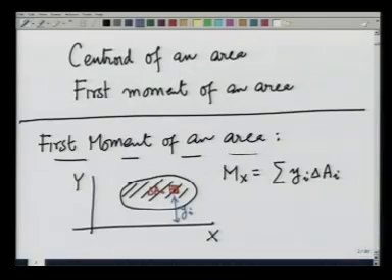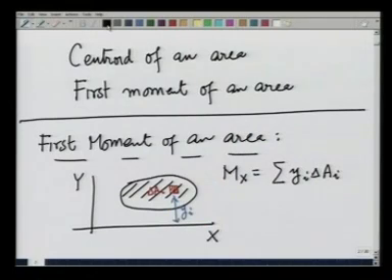So, what am I doing? I am taking a small elemental area delta a i and multiplying it by the distance from the x axis and summing it up. In a continuous distribution, you know from your course in calculus, this is nothing but integral y dA. That is the first moment about the x axis.